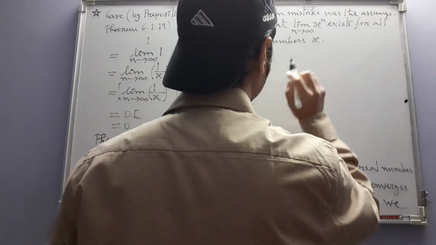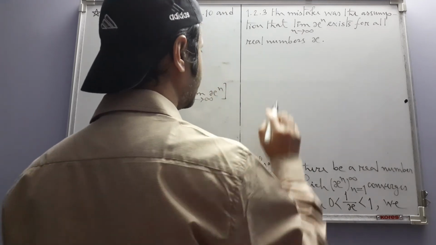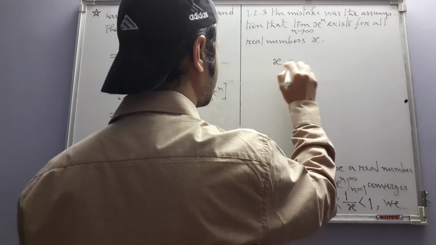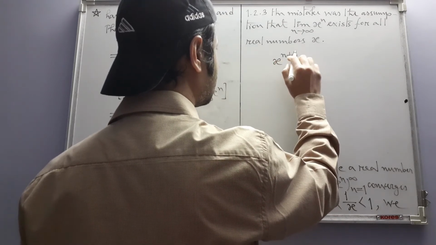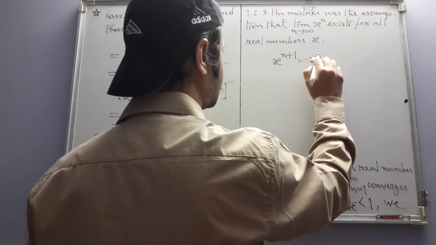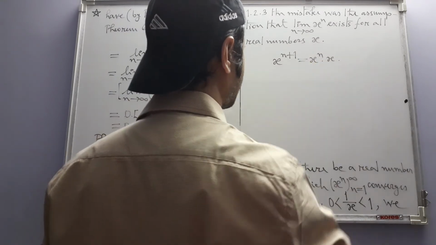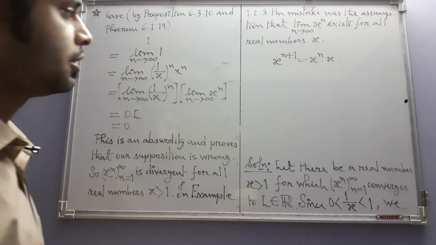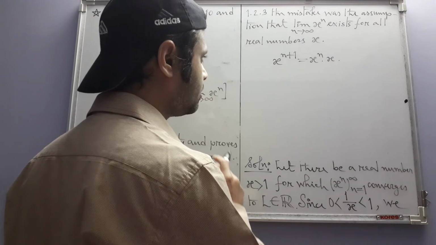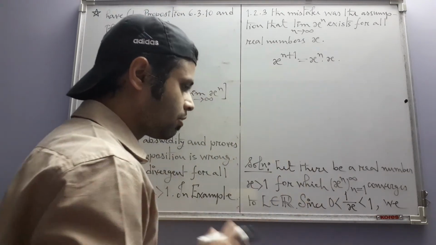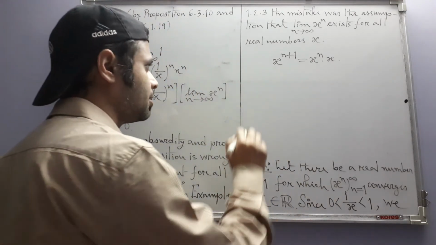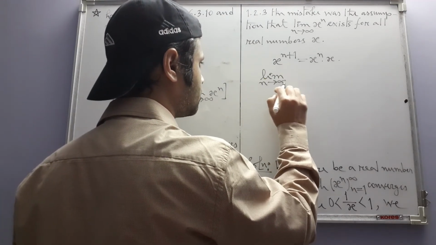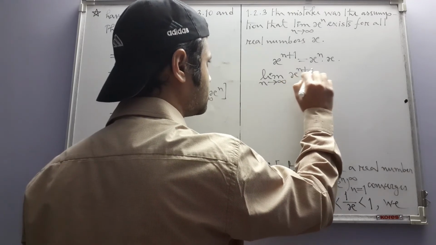Let us also quickly recall what we did there. What we did there is this: we saw that this identity is true for any positive integer n. Then, without thinking of anything about convergence or divergence, we just simply mechanically took limit on both sides.